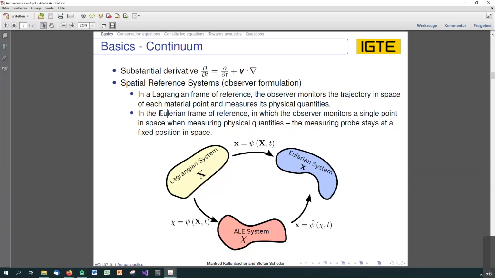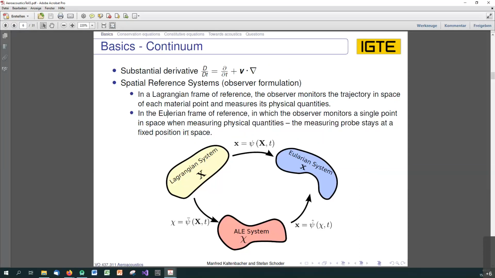Yeah, so the Eulerian framework is definitely fixing the space position. So you're sitting at a fixed position, and you're looking at what is traveling by, more or less.